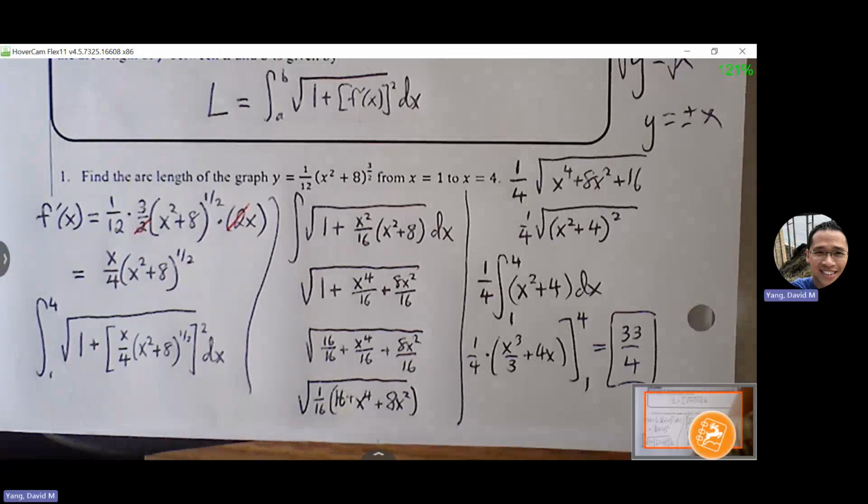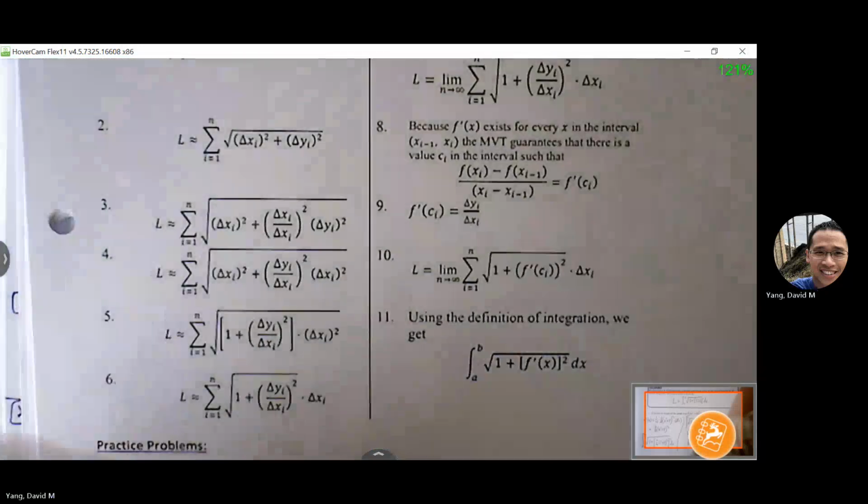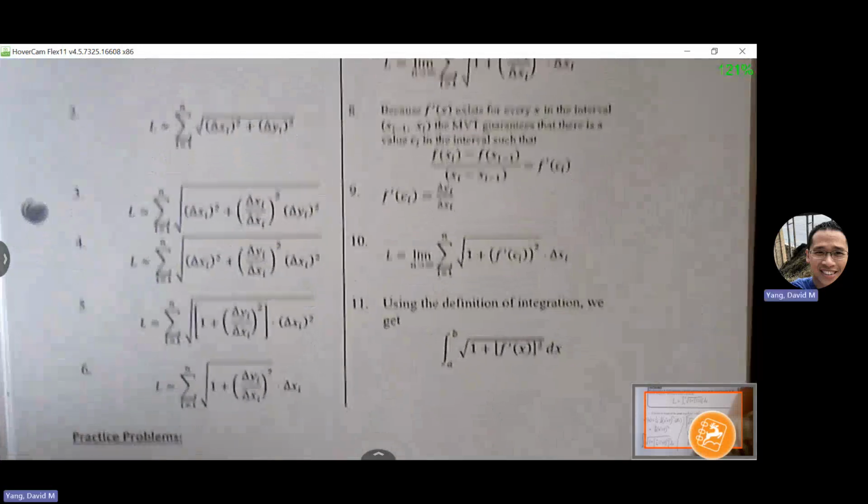So, okay, really we're just practicing with this formula for the rest of the period today, and just seeing different variations of it. Okay, let's look at page 27.